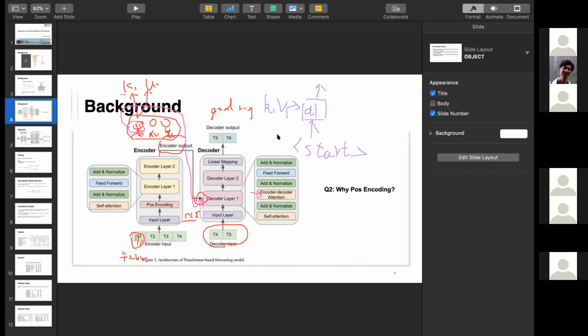So if we want to generate something, basically K1 and V1 play the major role in generating the first token. Okay, so for the next token, it goes from this sign to here, and you will put another K2 and V2 to this D2, is it right?